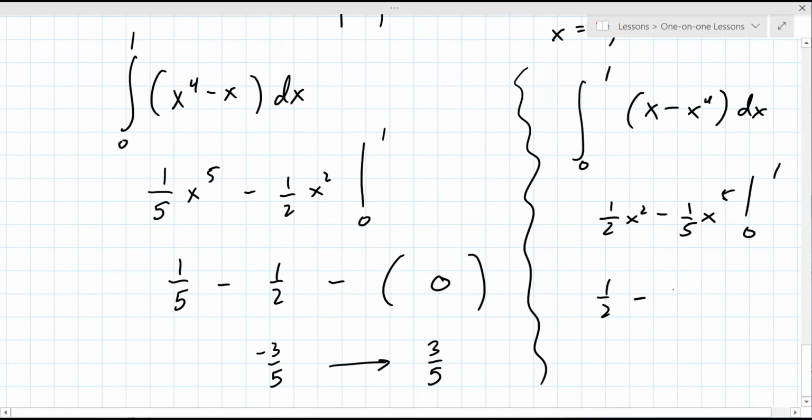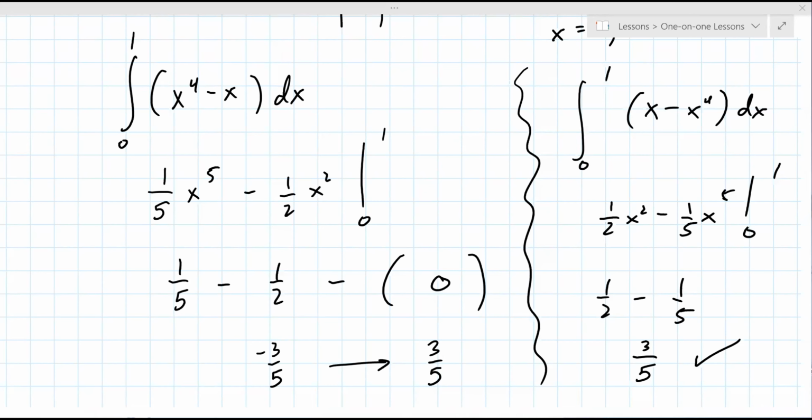The point here is that if you do it completely wrong and get a negative answer, you just change it to positive, and that's allowed.